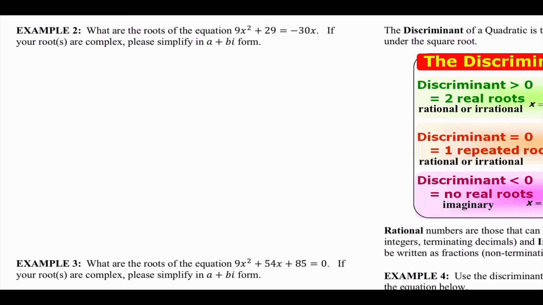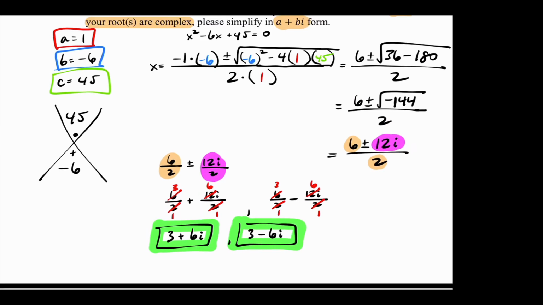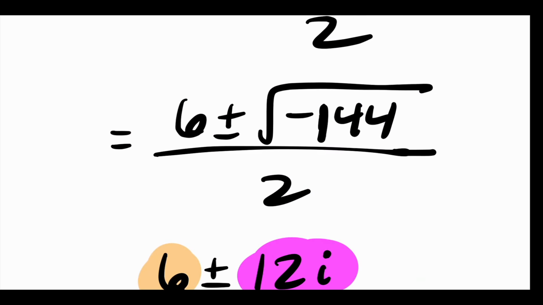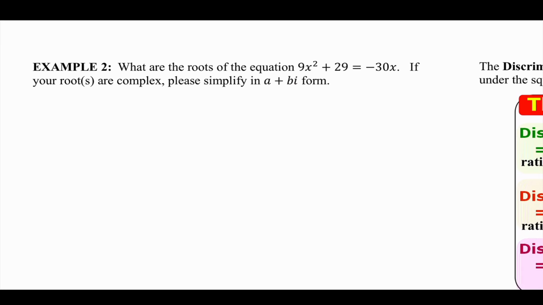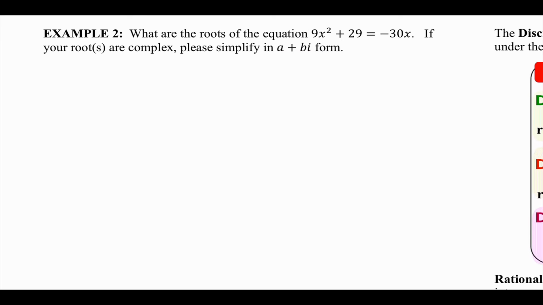In other words, solve the following equation if your roots are complex. How do we know if they're complex? If I get a negative under the square root, it's going to be imaginary. If I have that case, it said do like you did before: separate them by real and imaginary. Step 1 is the same.